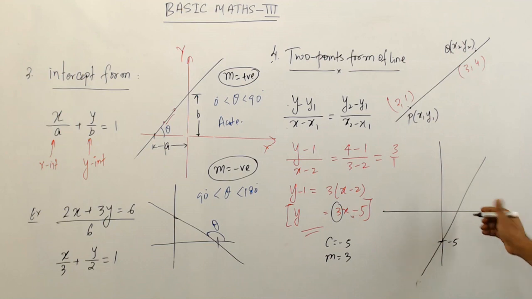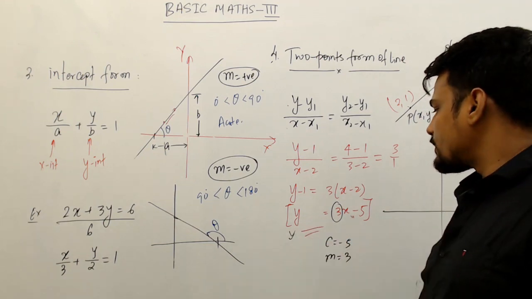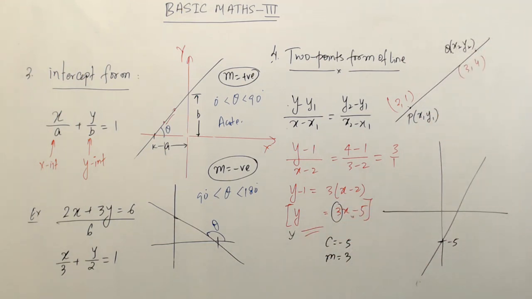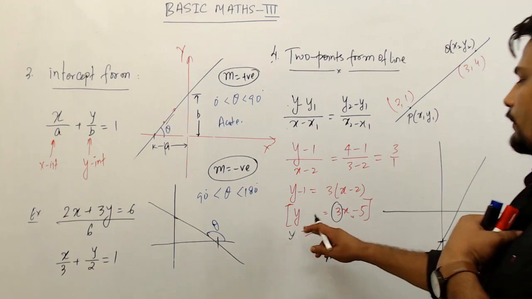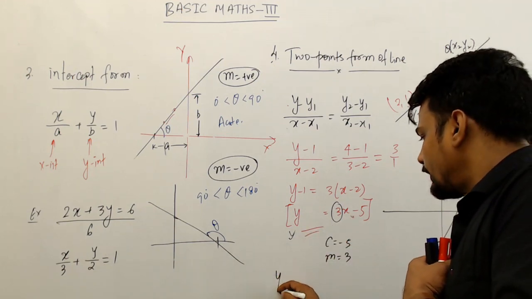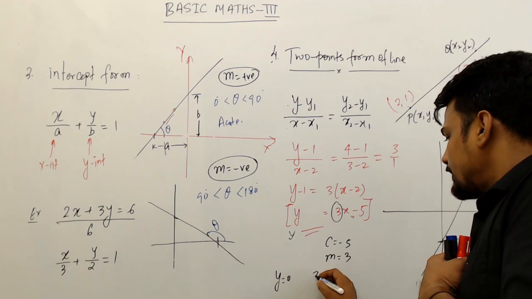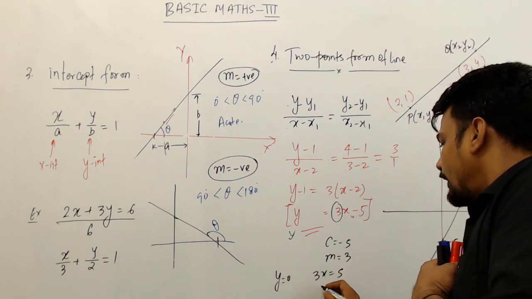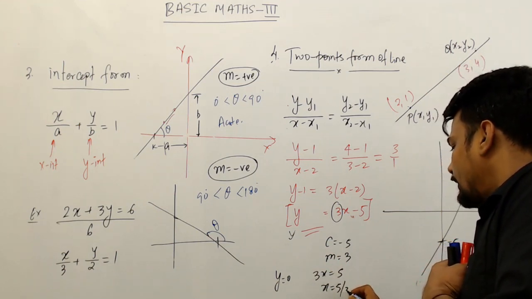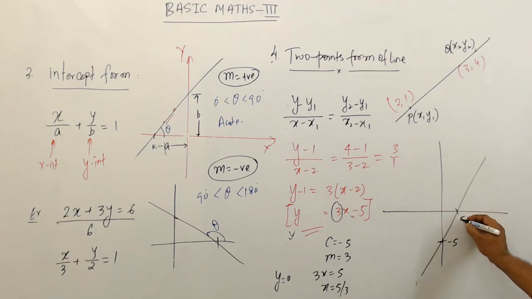If you want to find the x-intercept, of course, you can put y equals 0 in this line. Putting y equals 0 implies 3x equals 5 and x is going to be 5 upon 3. So this point you can write as 5 upon 3, that is your x-intercept, and you know the slope.